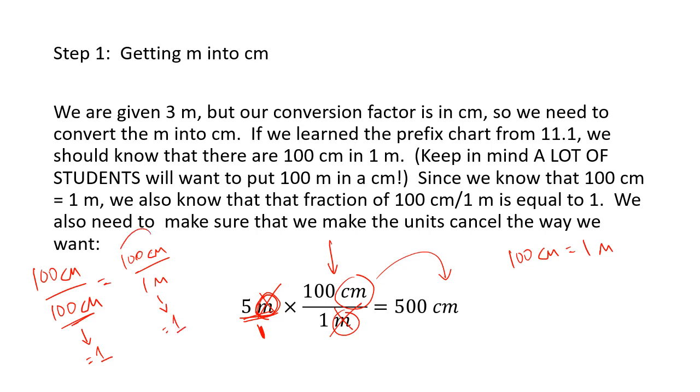And you shouldn't have to do this too many times before students start to see what's going on here and what the point is. But some students may benefit from seeing this explicit fraction, 100 centimeters over 100 centimeters, before we get into this slight abstraction of this fraction. So we do the 5 meters times 100 centimeters over 1 meter. The meters cancel. 5 times 100 makes 500. And so I've converted successfully my 5 meters into 500 centimeters.